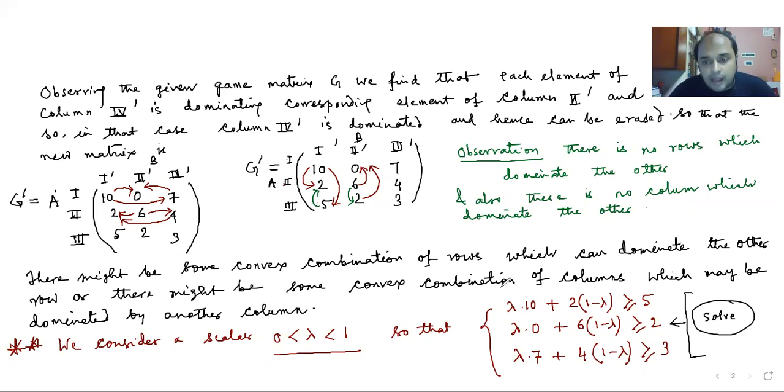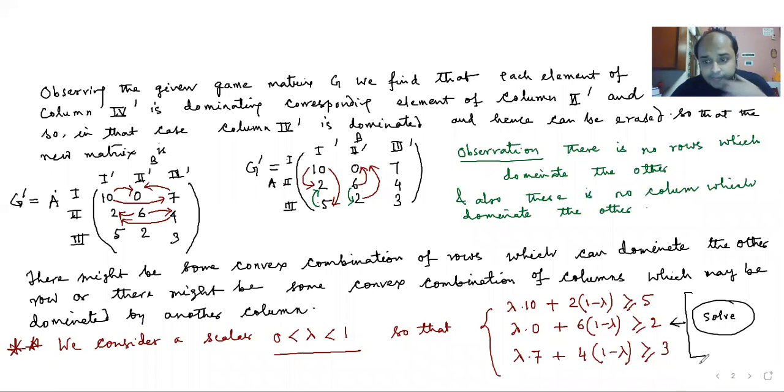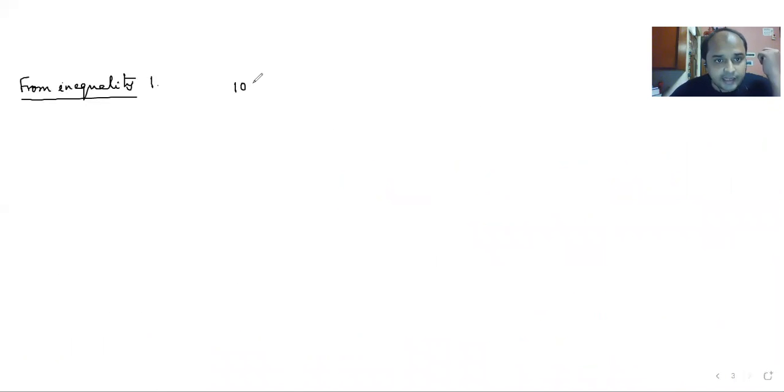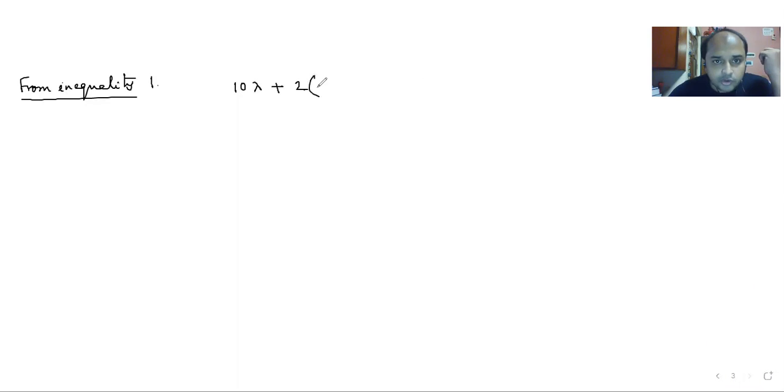So I am trying to solve this inequality, and let's see what comes out of lambda. First of all, from inequality 1, we get 10 lambda plus 2 into 1 minus lambda, that must be greater than or equal to 5.